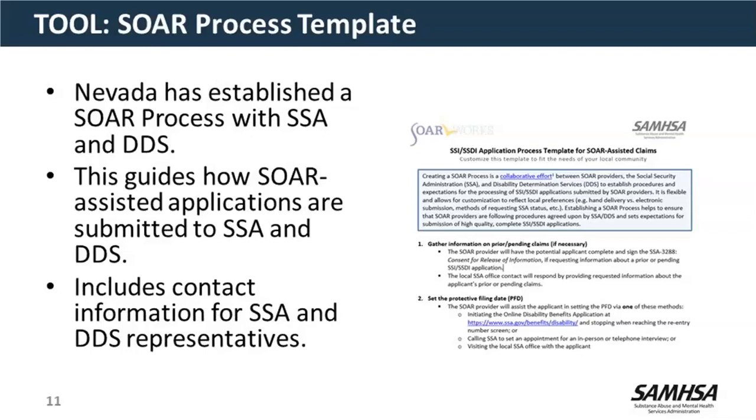So for those of you who don't already have a process set up in your areas, I highly recommend starting out by taking one of your clients down to the Social Security Administration, introducing yourself to whoever you can there, and starting to establish those relationships. Hopefully you have a state liaison that can help with this as well, but if not, this is where you would be very effective in establishing that relationship.